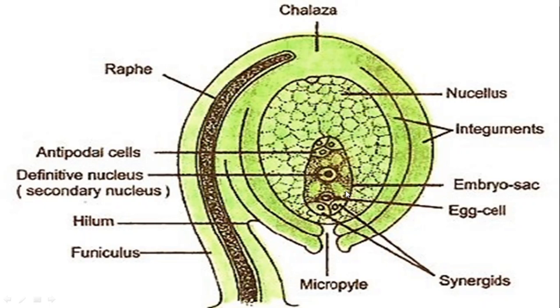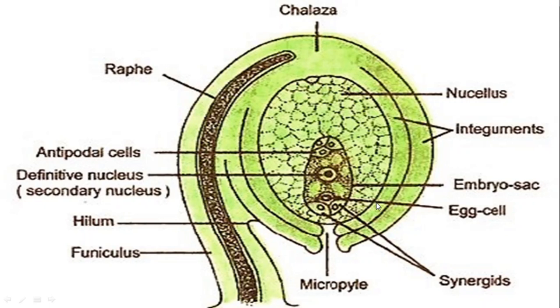The nucellus stores the food, and after I have told you about double fertilization and triple fusion. Inside the embryo sac, the fusion takes place twice. One male gamete fuses with the egg cell to produce the zygote.